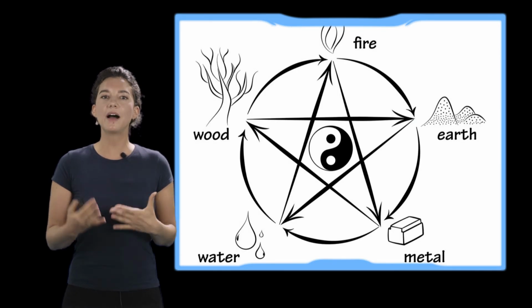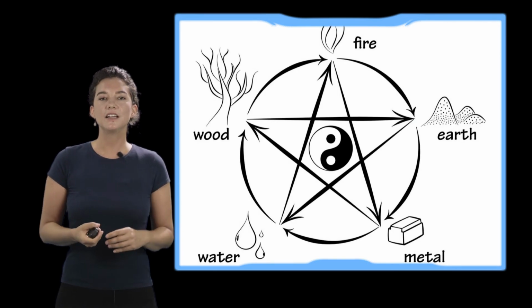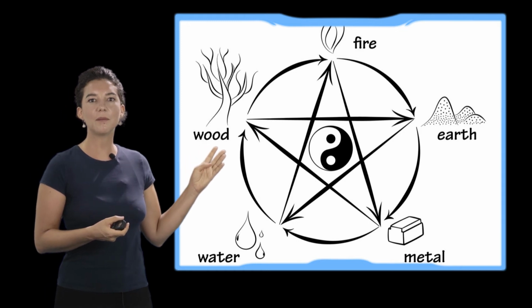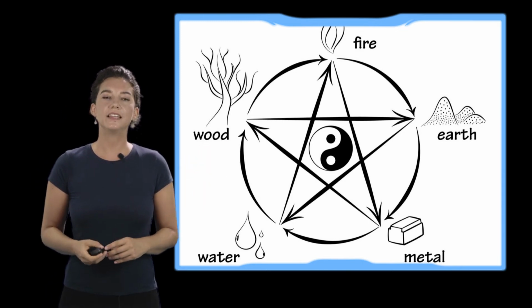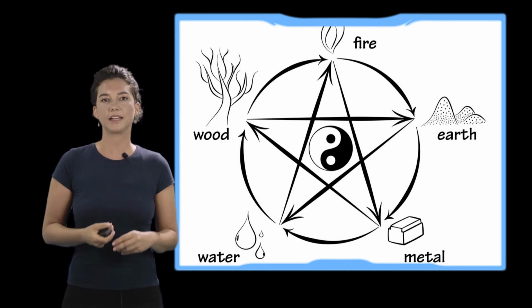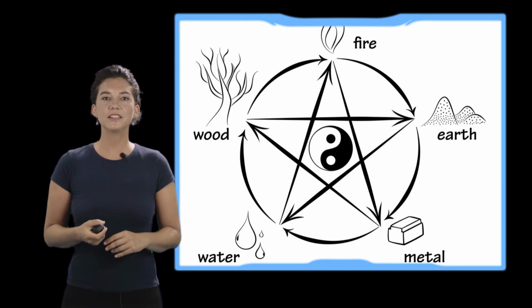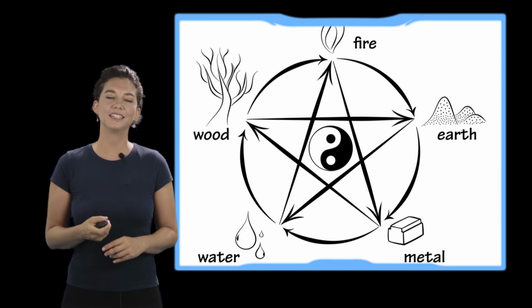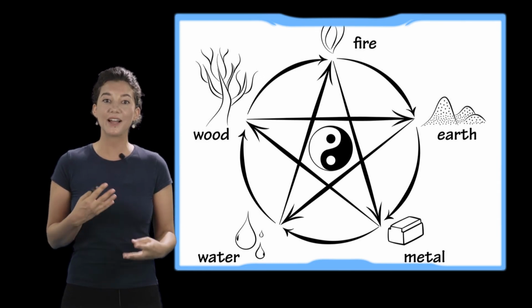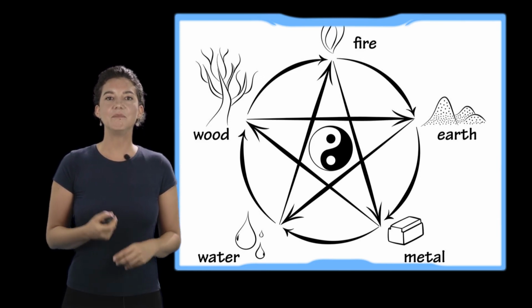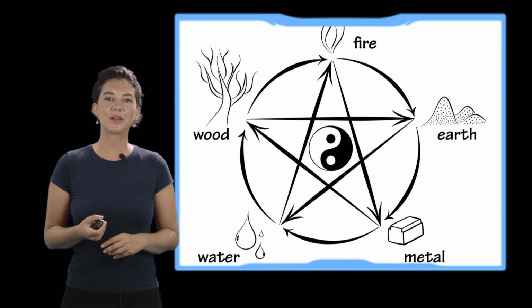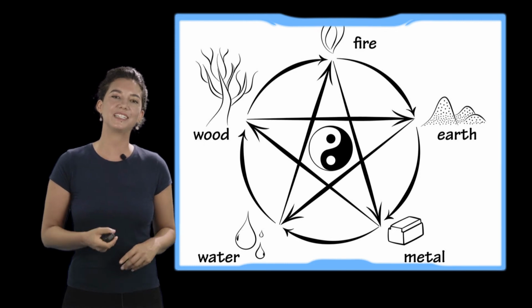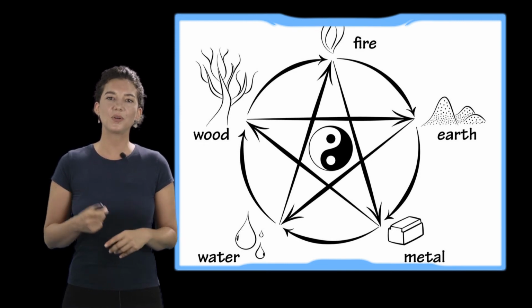So talking a little bit about this then within this cycle. If you have a look on this diagram, you can see the arrows which are inside of the circle. And these are explaining the controlling cycle within these elements. So you can see that fire controls metal. And this is seen in nature as fire melting metal. And metal controls the wood. And this very often is explained by the axe cutting the tree. And then wood controlling the earth.